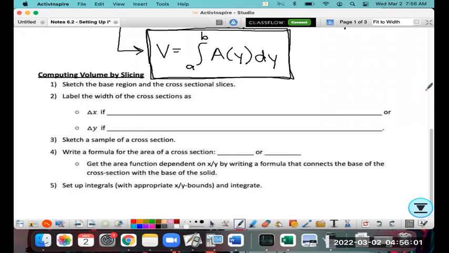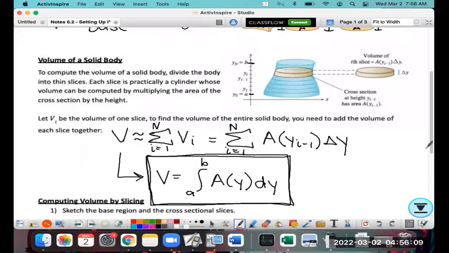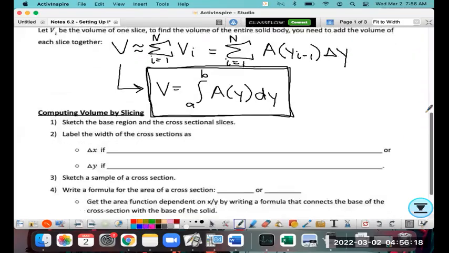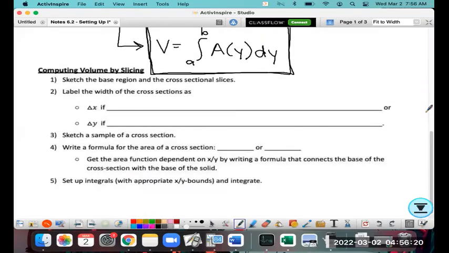If I were to slice it at any point, look over the top of it, I would see a square. So you could even look up top. If I were to slice any of those cross sections, look over the top of it, I see a circle, right? So we are going to sketch the base region and then draw in the cross-sectional slices.